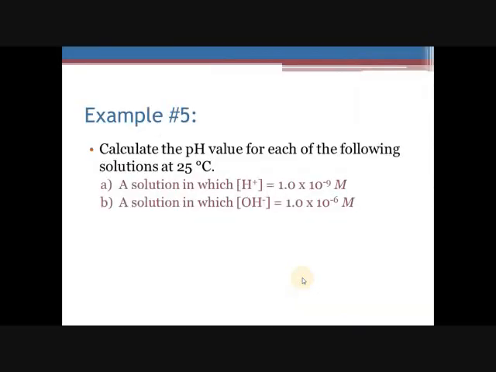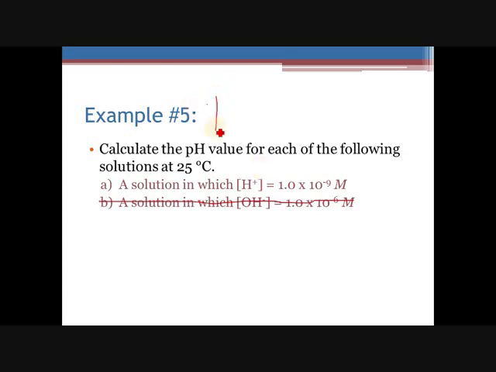Okay, so with example 5, we're going to use our negative log equation to solve for the pH of each of these values. So let's just think about A first. I'm going to do B second, so don't worry about that right now. But for A, a solution has H plus equal to 1 times 10 to the negative 9 molar.